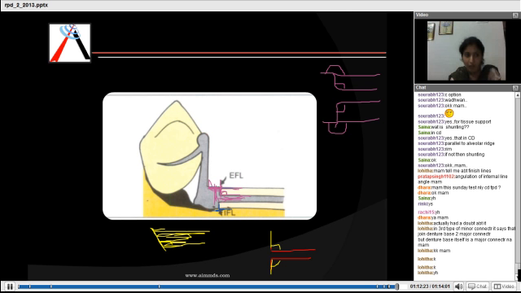Clear? Now when we pour acrylic, first we get the joint angle between the major and the minor connector. Then when we are pouring acrylic base over here and acrylic base over here, there should be a butt joint between the two, the metal and the acrylic. Okay, this is the butt joint.